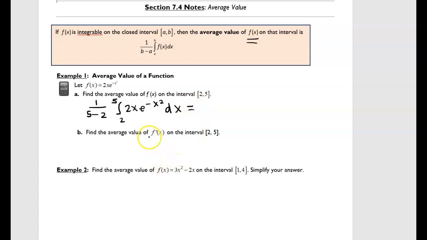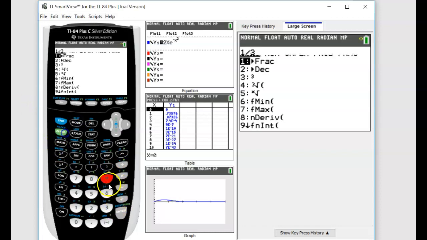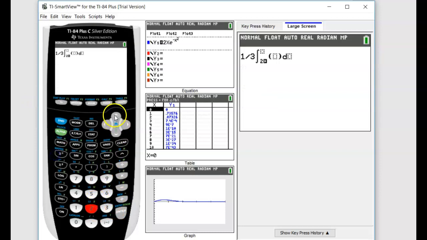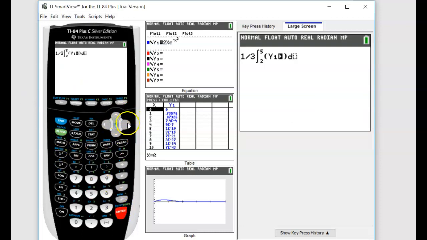Since this is a calculator problem, I can go ahead and put the function in my y equals. I've done that already. And then back on my home screen, I'm going to do 1 divided by 3. And then the integral, remember integral is math 9, from 2 to 5 of y1, and then don't forget your dx.